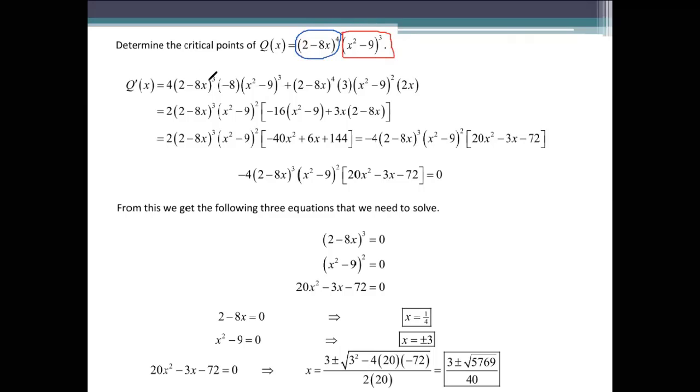So here we have 4 times 2 minus 8x cubed and times minus 8 because this is a composite function here. And the next one is x squared, the second function, and plus the first function times the derivative of the second function.